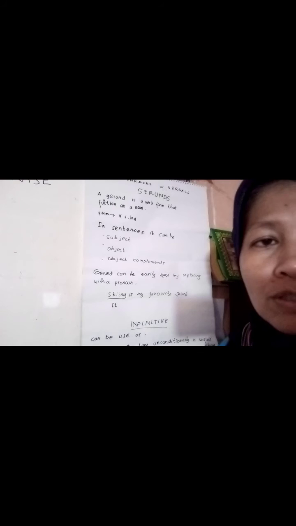And the next is infinitive. The infinitive can be used as a noun, as an adjective, or as an adverb. The sign is that the verb almost always begins with to. The example is: to love unconditionally is the selfless thing.